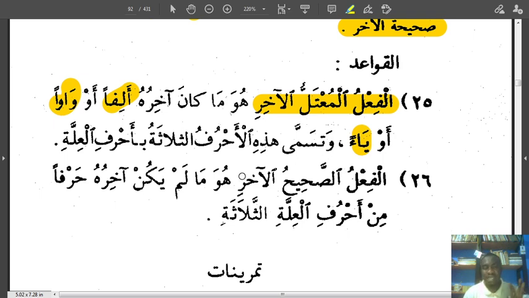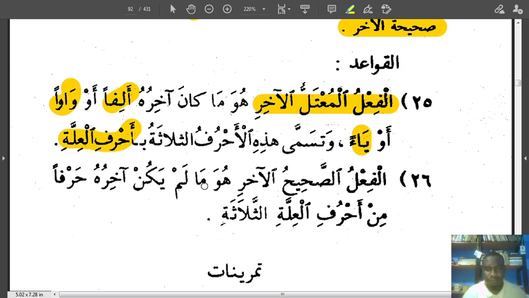It is that which either ends with an alif or waw or ya. وتسمى هذه الأحرف الثلاثة بأحرف الإلة. And these three letters, alif, waw, ya, they are called أحرف الإلة, or some will prefer to say حروف الإلة. They are the same thing.